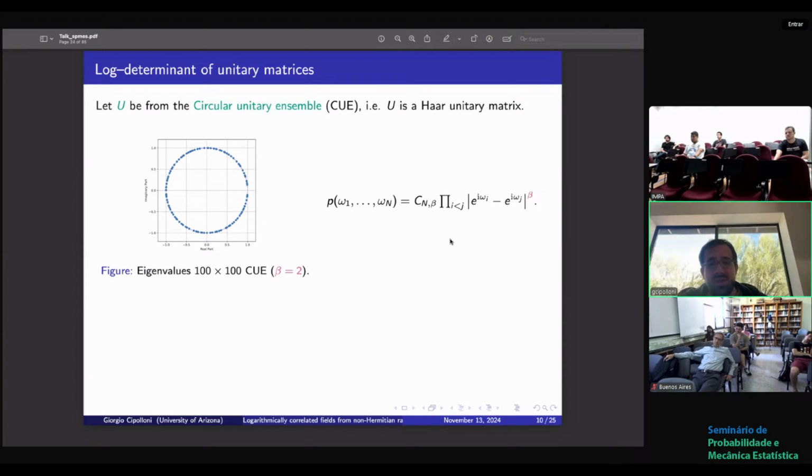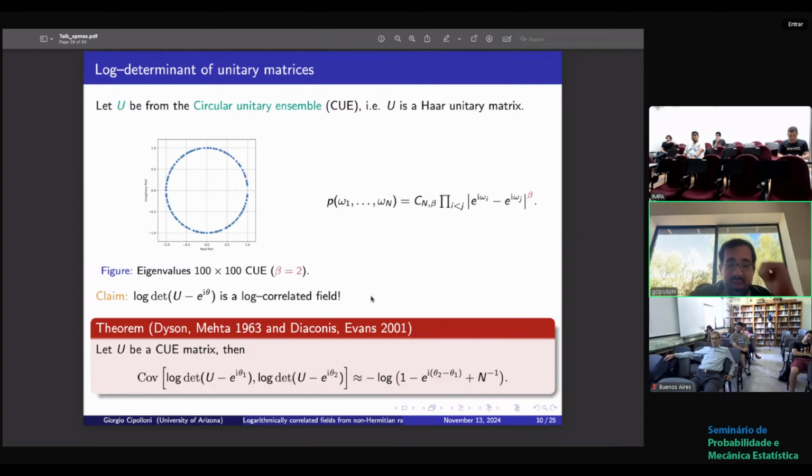Okay, so the first question is: we are on the matrices side, where we have to find a log-correlated field. What's the natural candidate? The natural candidate is the log determinant. The claim is that if you look at the log determinant of U minus e^{iθ}, where θ is between 0 and 2π, then this is a log-correlated field.